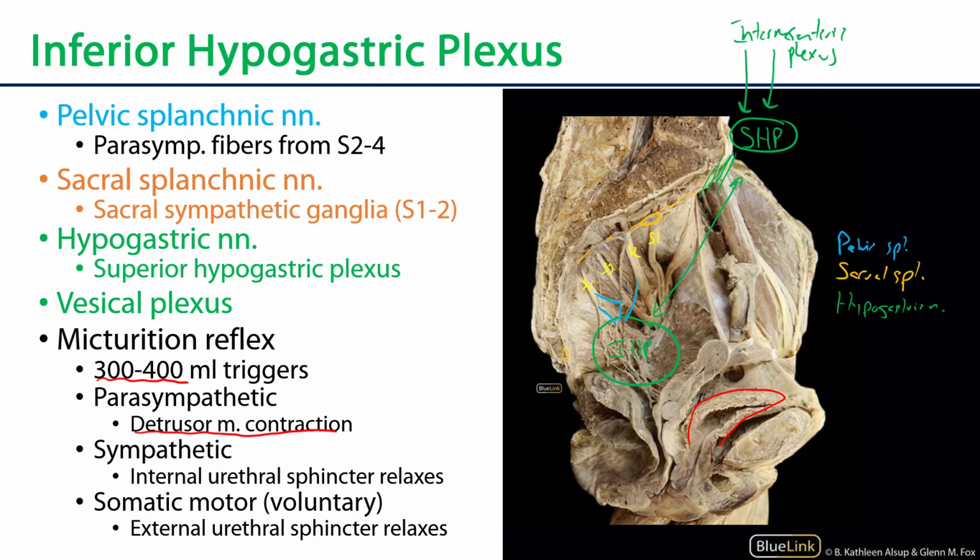In concert with this, there's going to be a sympathetic response, which is the relaxation of the internal urethral sphincter, which is going to be there. So detrusor muscle is contracting.